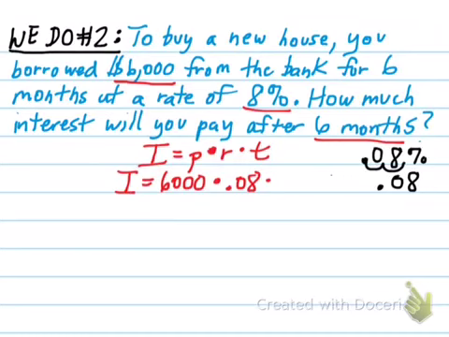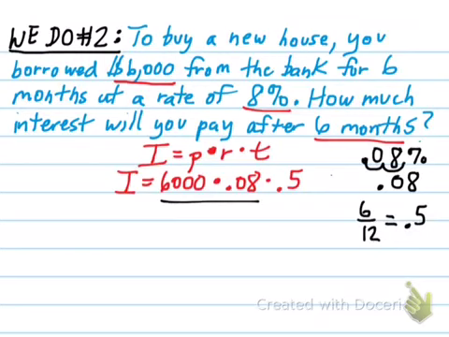And then our time, 6 months. So 6 months out of 12 months is the same as 1/2. I know 1/2 as a decimal is 5/10. You could use 50/100ths, but I'm just going to go ahead and use 5/10. So remember, if it's months, convert it to years, which is half a year, so 5/10. And then we just go ahead and multiply.